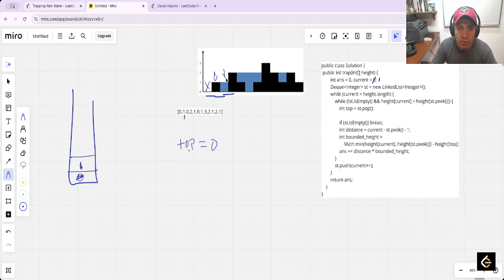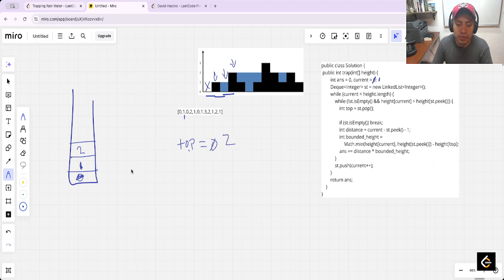Okay, now move to the next. The next is this. The stack is not empty. The height at the current that is 0 is greater than this? No, only add the index 0, 1, 2. Now the next, the stack contains elements, and the height at the current position that we are at, that is 2, is greater than the previous, that is 1. Yeah, we need to remove this.